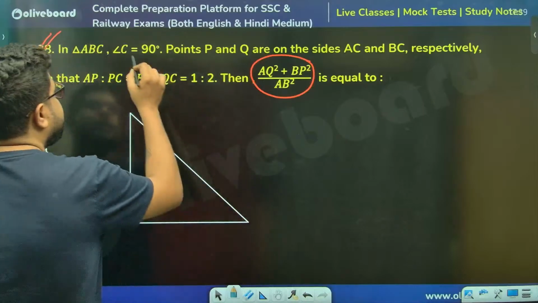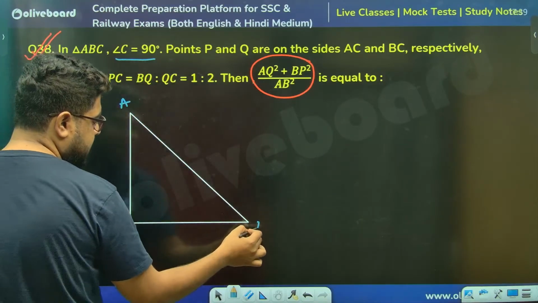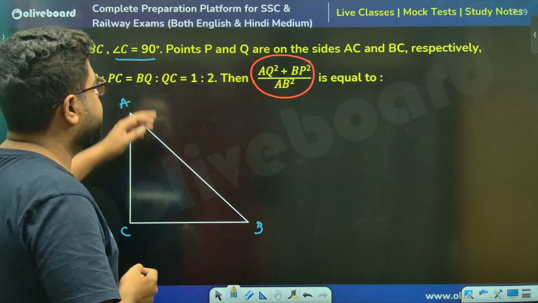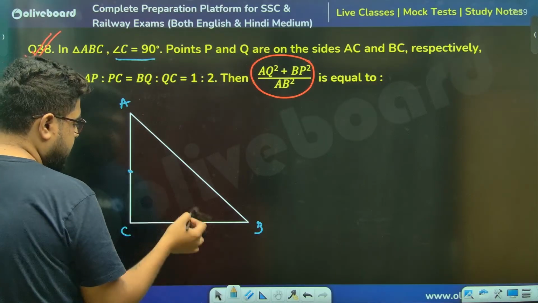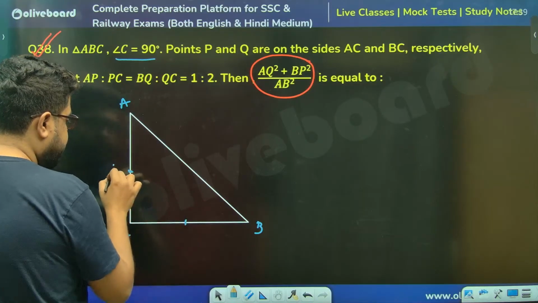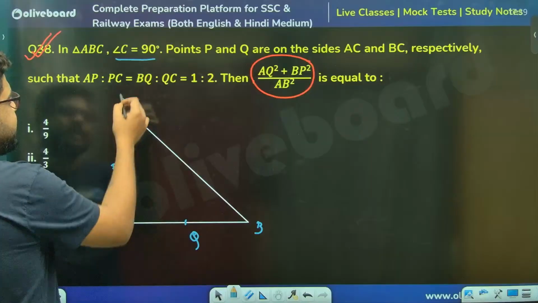Right angle triangle at C. So A here, B here, C here. P and Q are points on AC and BC. P is here and Q is here, sir. Such that AP by PC is 1:2.